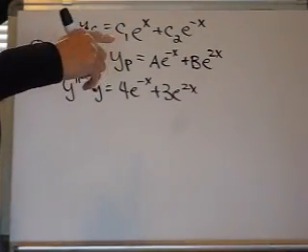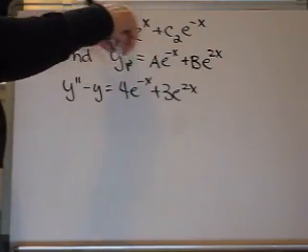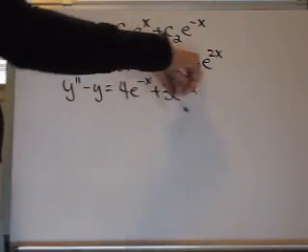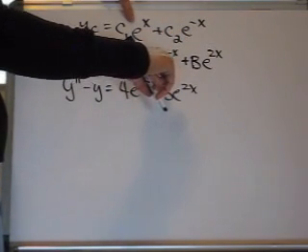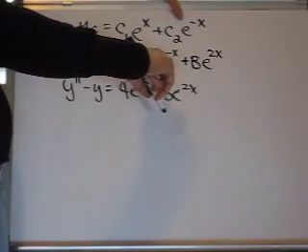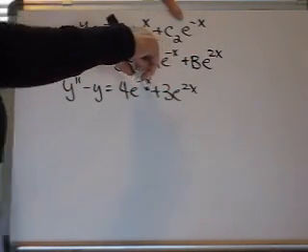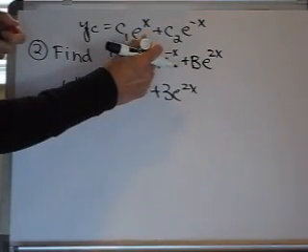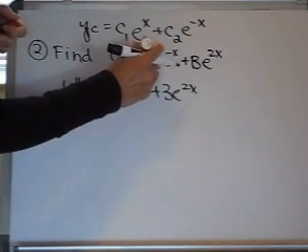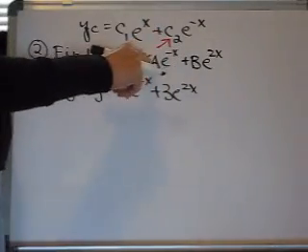And I need to be really careful here to check and make sure there's no overlap or redundancy between my particular solution terms and my complementary solution. So if I check this e to the negative x, it's not redundant with e to the x, but it is actually redundant with c2 e to the negative x. So I'm going to have to multiply that first term in my particular solution by x because I have this redundancy with e to the negative x.